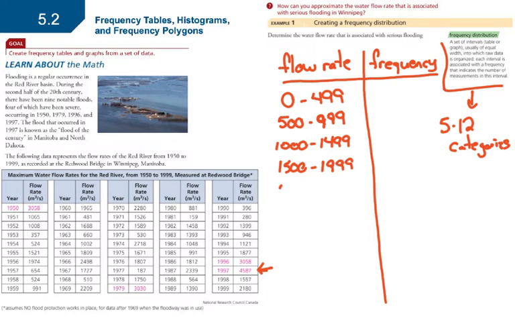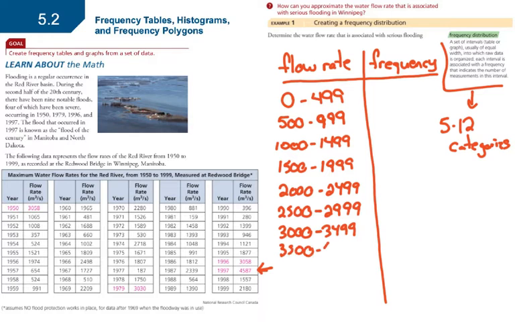I'm just going to fill in the categories here. And I went on autopilot there. I was going to put 4,000 in that one.